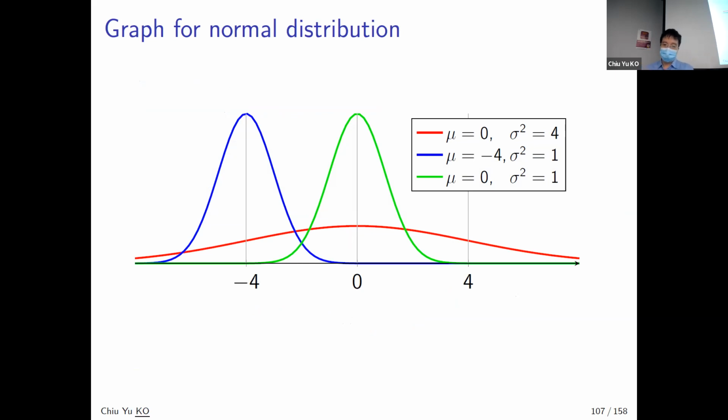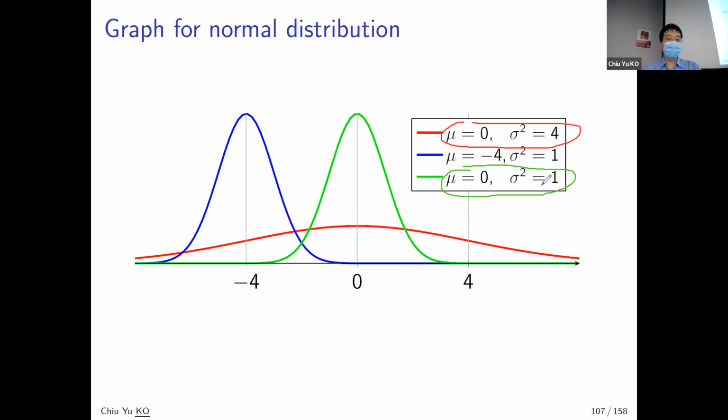First, let's compare the graph between red and green. What do you see? They have the same mu but different sigma square. By definition, they have the same mean but different variance.